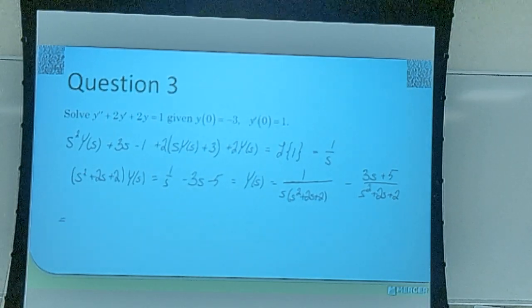Again, let's just go ahead and do the decomposition on that right now.